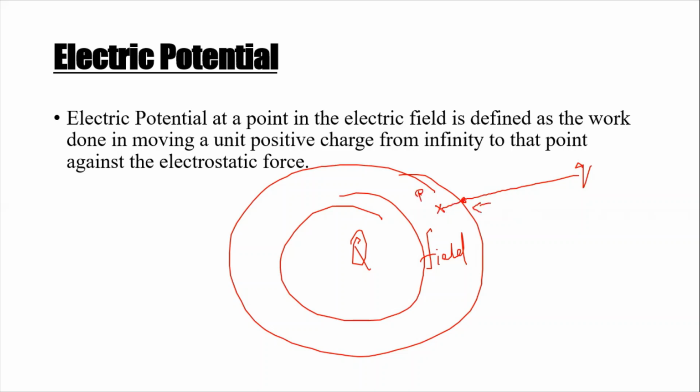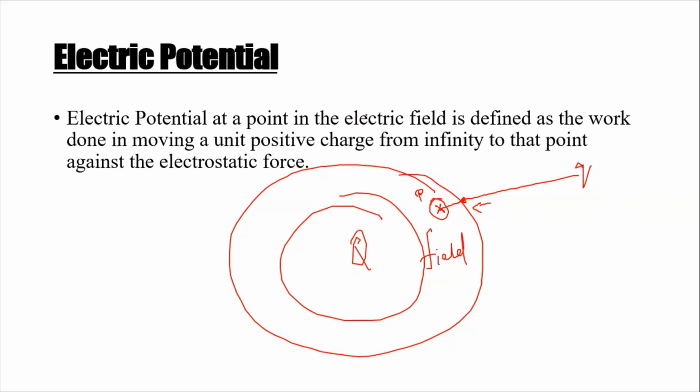Okay, this point. So now there is a potential at this point, right? There is a force experienced at this point. So we have to apply extra force to overcome the force that is present in that point. The potential available at this point is called electric potential at a point.